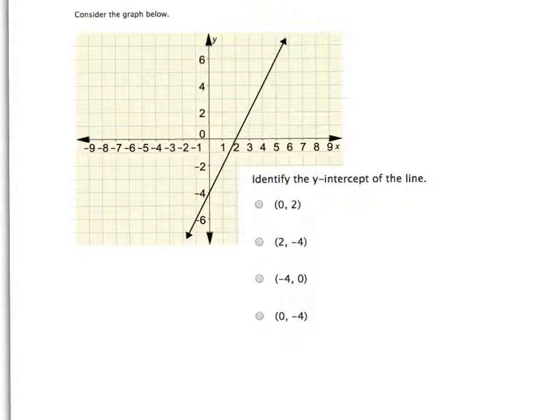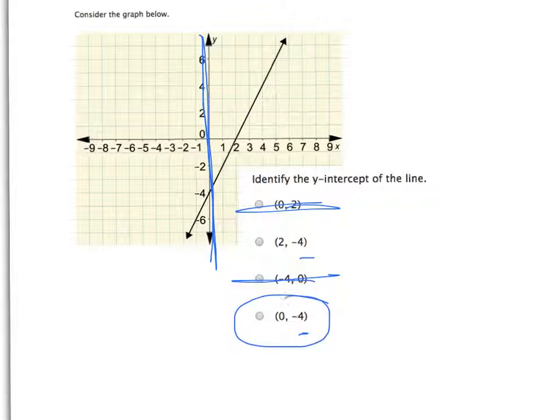So we know that y is going to be -4. So we can cross out this one right away and this one because we know that y has to be -4. On the y-axis, x is always 0. We're not going to the left or right either direction. So it is going to be this one. When x is 0, y is -4.